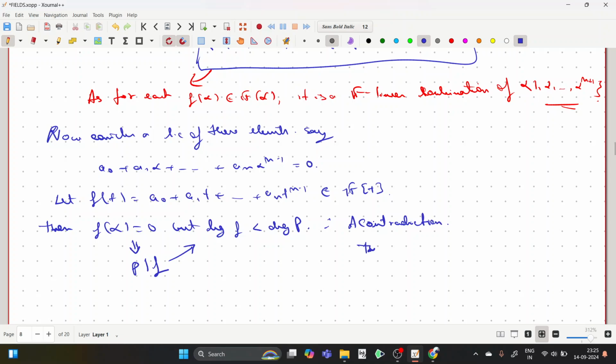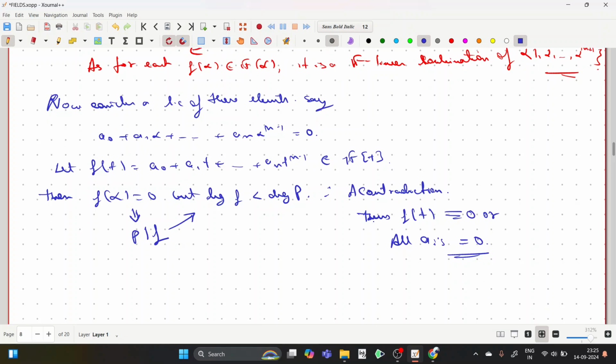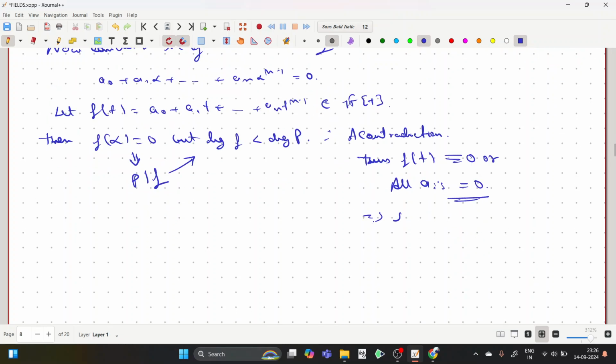Thus this f must be identically 0, or all ai's must be equal to 0. So this basically means that this set is linearly independent as well.